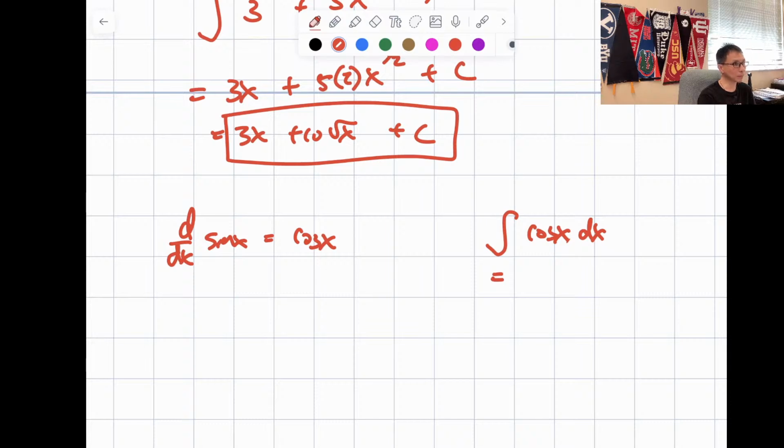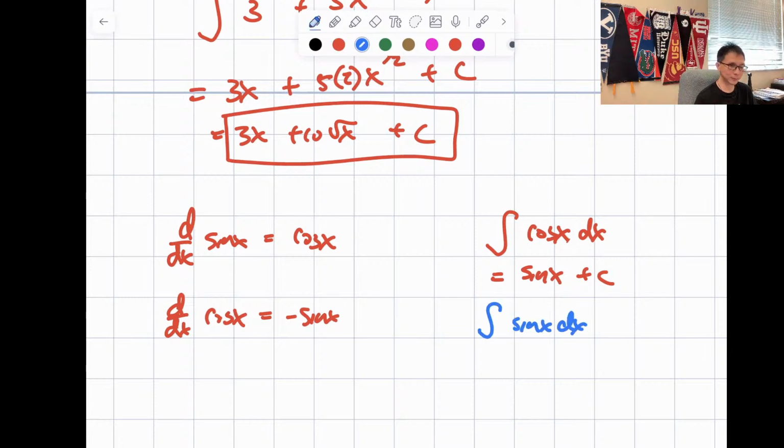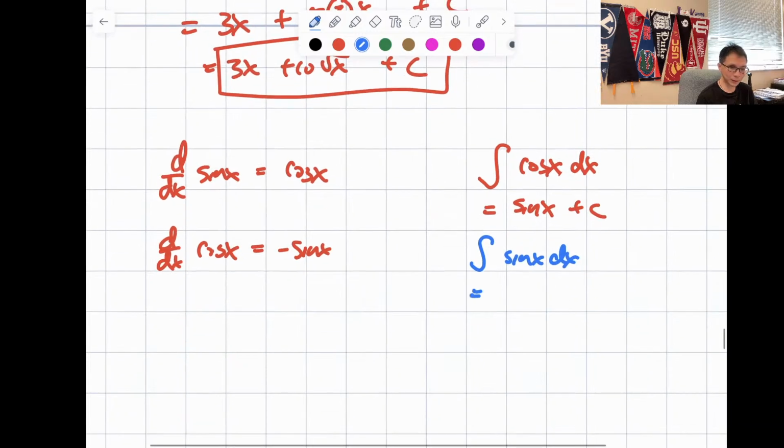Because if you take a derivative of one of them, the antiderivative should give you the same thing. So what's the derivative of cosine of x? Negative sine of x. But what's the integration of sine of x? Negative cosine of x plus c. Hopefully you guys know this.